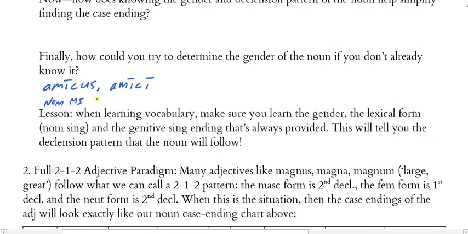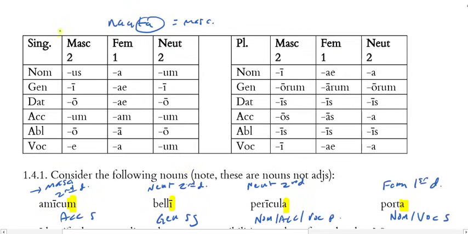Second declension nouns have an o stem that weakens sometimes to a u, and especially note that the genitive singular form, which is what you're always given second, has the long I. And we know that an us nominative form and an I genitive form belong to masculine second declension forms, right?